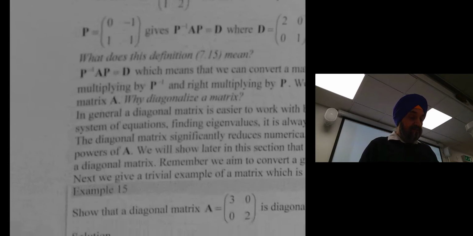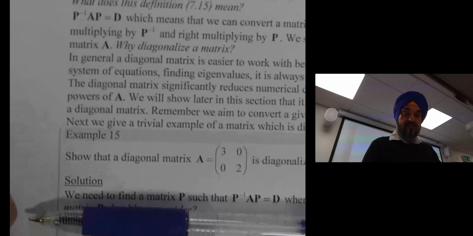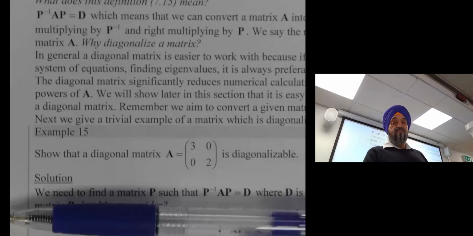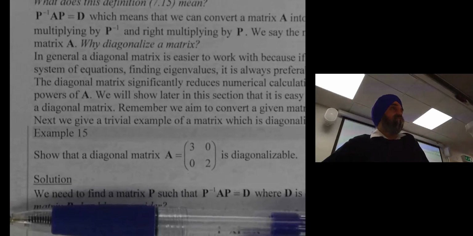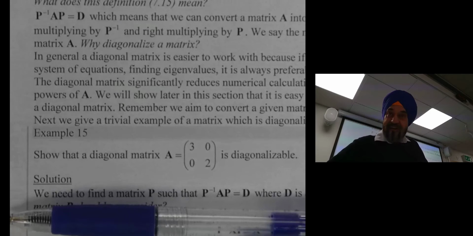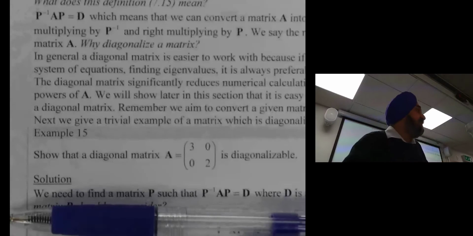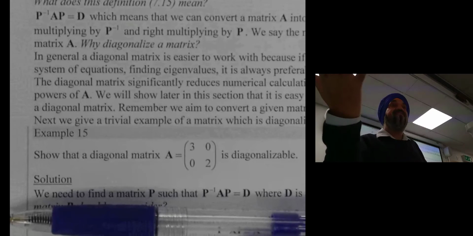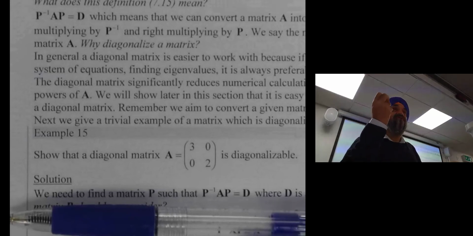How do we show that you can diagonalize this matrix, 3, 0, 0, 2? It's already a diagonal matrix. So what's going to be your P, your invertible matrix?